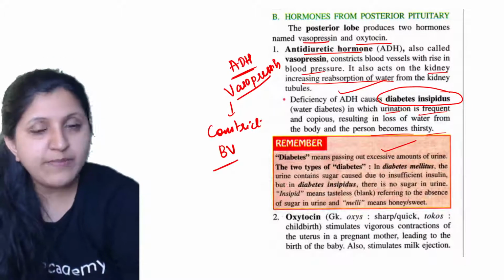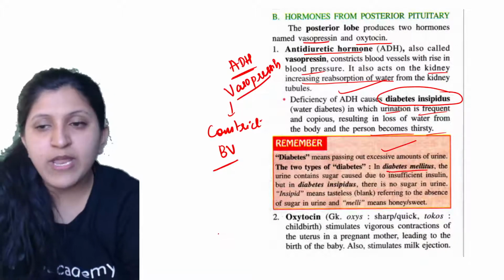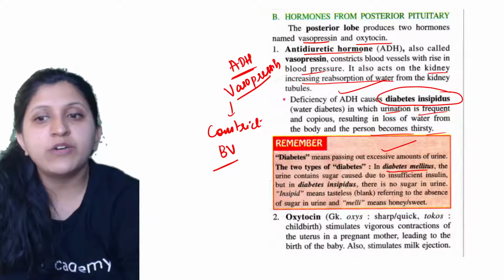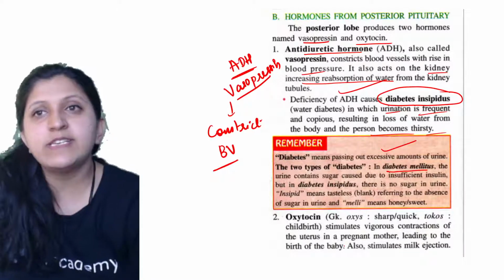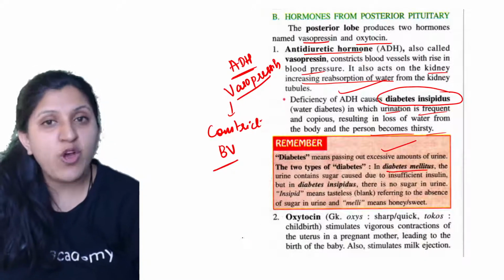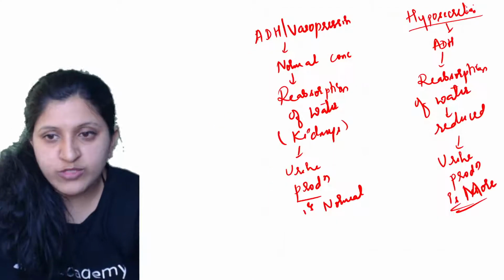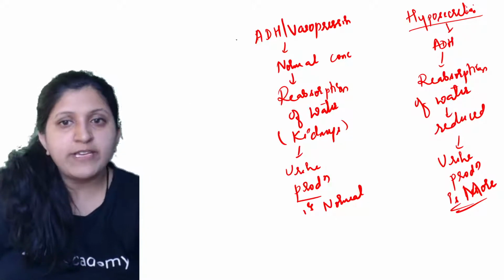There are two types of diabetes. One is diabetes mellitus. In that case, the urine contains sugar, which is caused by insufficient insulin, that is, when insulin is not produced in a proper amount, so there is too much glucose. I'll draw it here and explain.